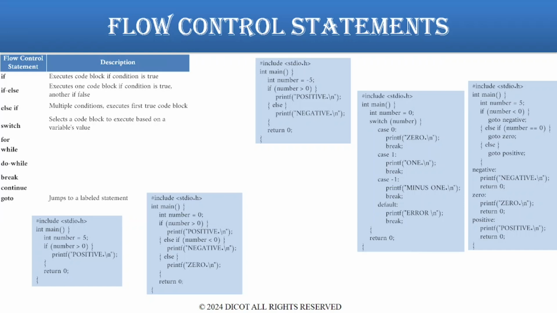If the number is equal to 0, we want to go to the 0 label. Else, we would want to go to the positive label. At each of these labels, we have a print statement to print the corresponding message. Negative for a negative label, 0 for a 0 label, and positive for a positive label.